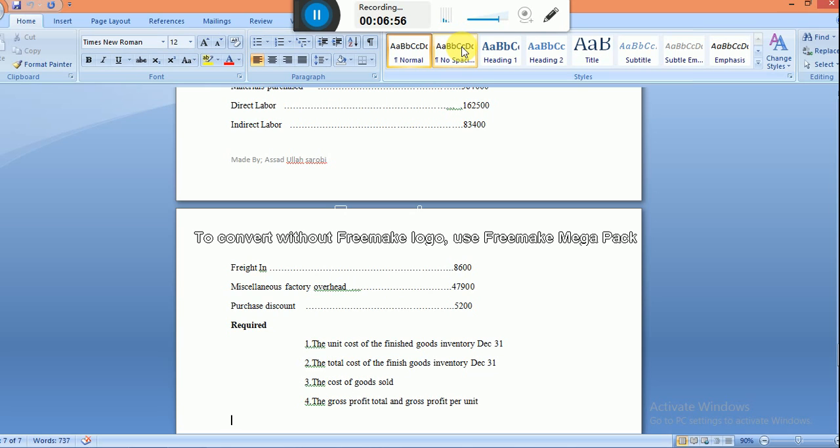Number second, the total cost of finished goods inventory on December 31st, that is, till December 31st, 2019, the total cost of those units produced. Third, the cost of goods sold. Fourth, the gross profit total and gross profit per unit. So this was our question.